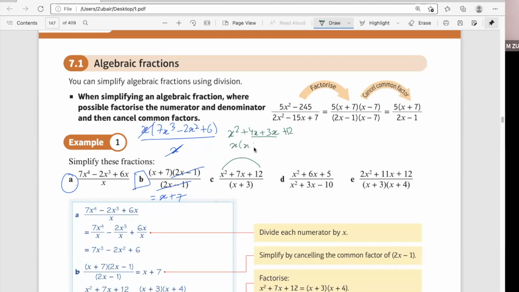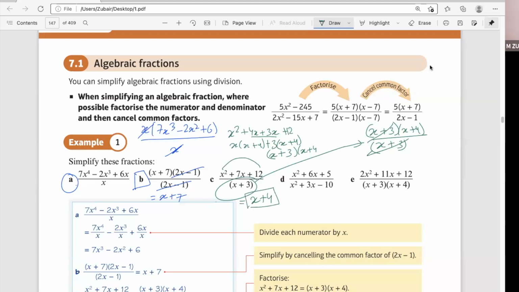So x into x plus 4 plus 3 into x plus 4. So you're left with x plus 3 and x plus 4. So in the numerator, you can write x plus 3 times x plus 4, and the denominator is already x plus 3. So simplifying this expression, you can write x plus 4 as your answer.